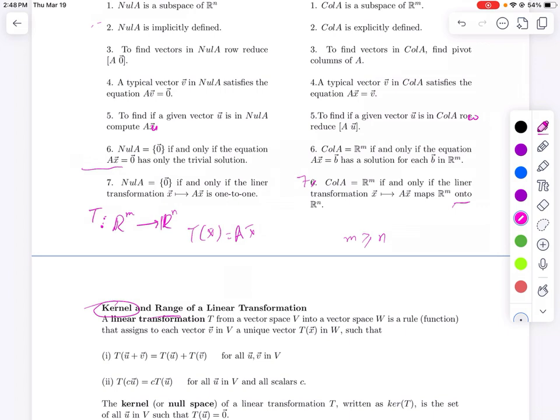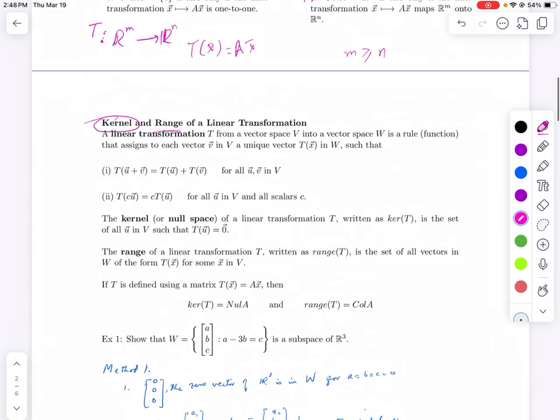A linear transformation T from a vector space V into a vector space W is a rule or a function that assigns to each vector u in V a unique vector T of u in W, such that T of u plus v is equal to T of u plus T of v, because remember, T is linear, and T of cu is equal to c times T of u.